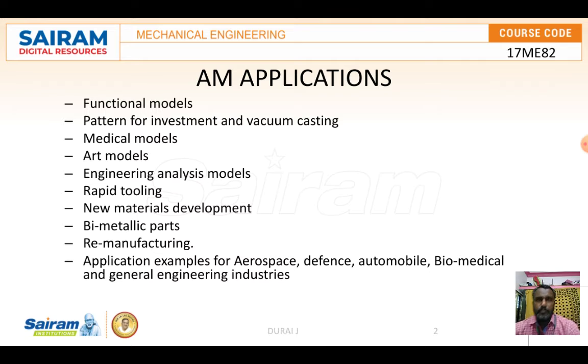Next we are going to discuss patterns for investment and vacuum casting. Rapid prototype technology is widely used in building patterns for investment and vacuum casting. Some examples you are going to see are models built with SLA, selective laser sintering, and the fused deposition modeling method.